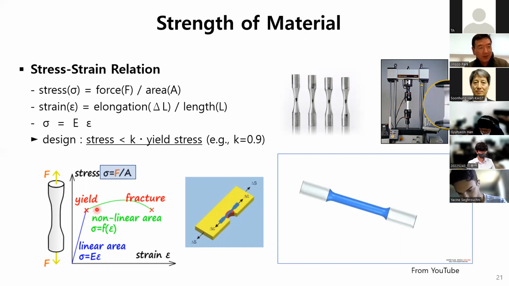Beyond the yield limit, materials cannot resist more force. So when designing structures, we need to determine the thickness and size so that the stress is less than this yield stress, for example, about 90% of yield stress. If you continue applying force, elongation increases and becomes too large, finally going to sudden rupture.